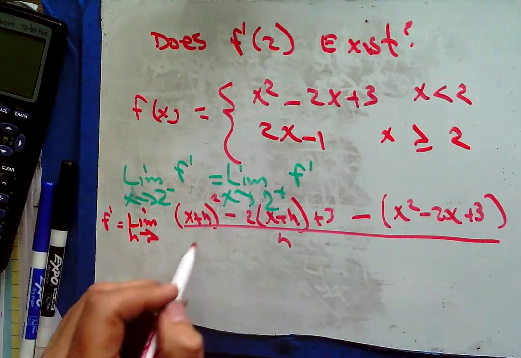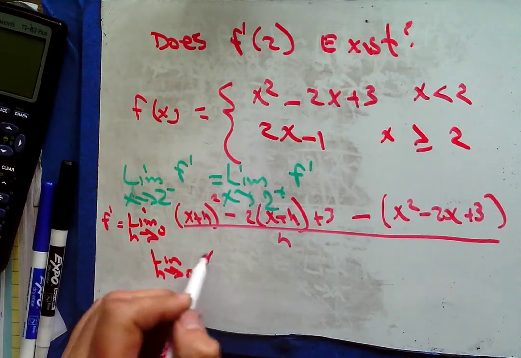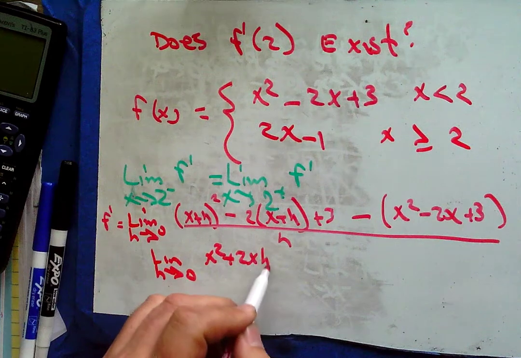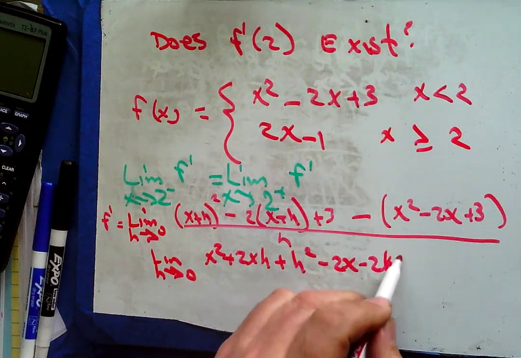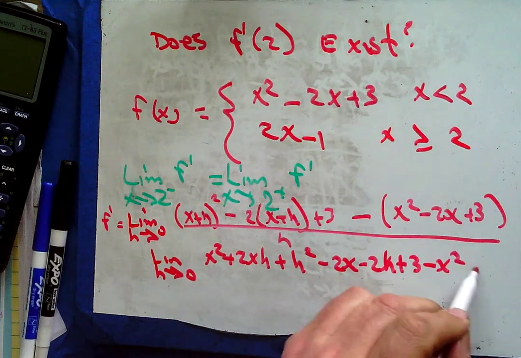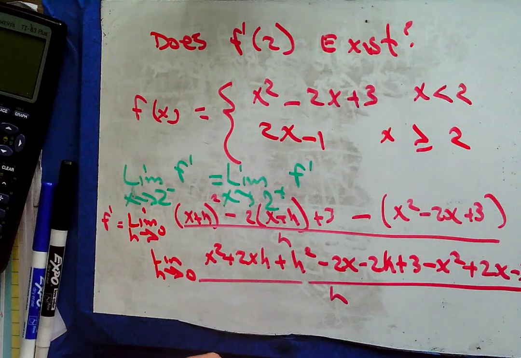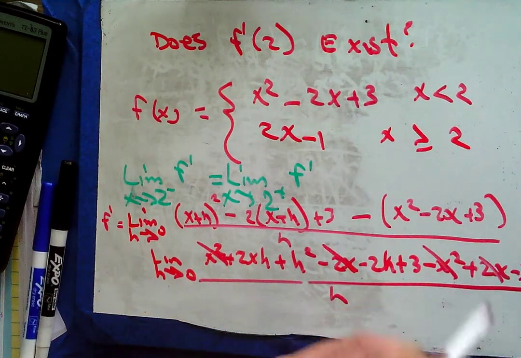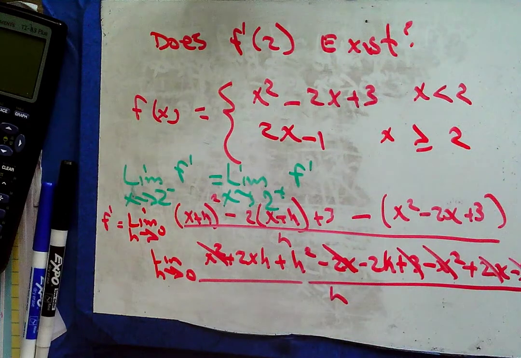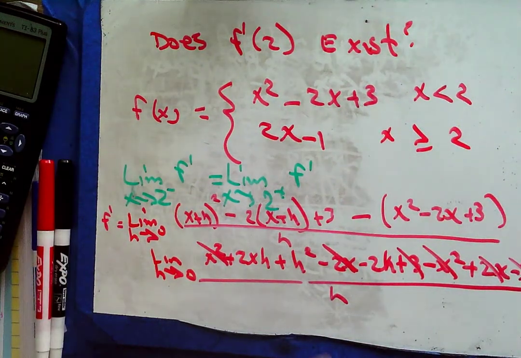So that's going to be the limit as h heads to 0 of x squared plus 2xh plus h squared minus 2x minus 2h plus 3 minus x squared plus 2x minus 3, all over h. Okay, so these can cancel, these can cancel, these can cancel.